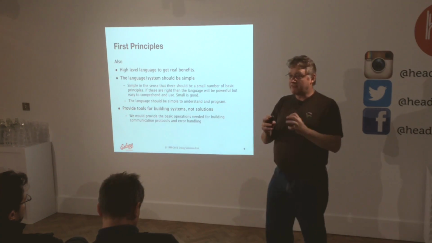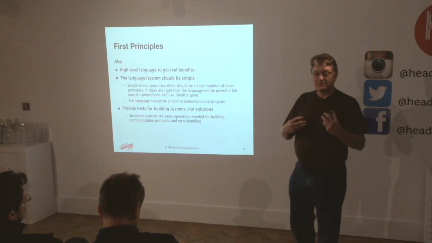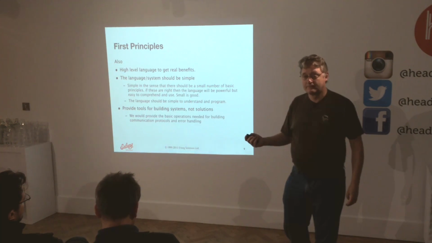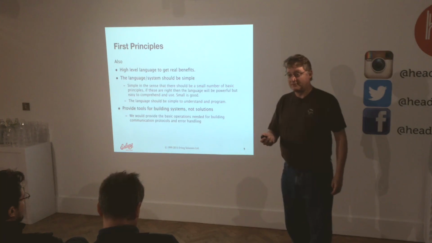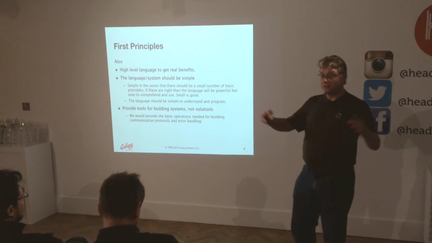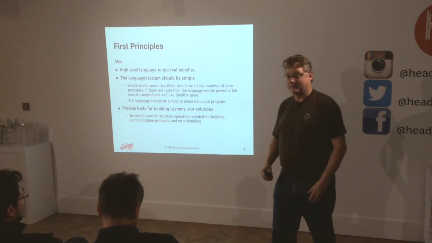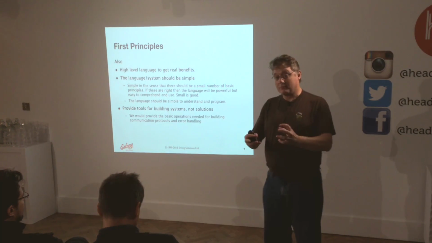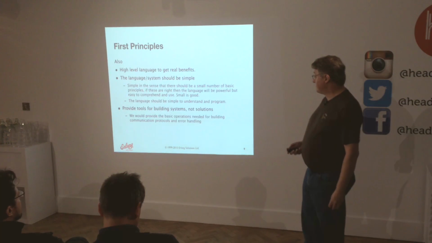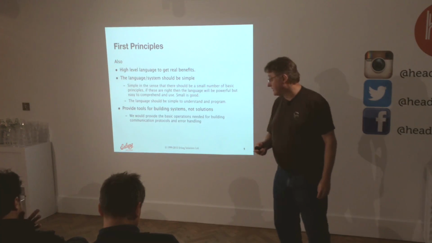That's difficult, by the way. Complexity is easy; simplicity is difficult. Building complex systems is easy. Just pour in more stuff and it gets complex. Anyone can do that. Making things simple is difficult. That takes time. And the language should be simple to understand and easy to program.